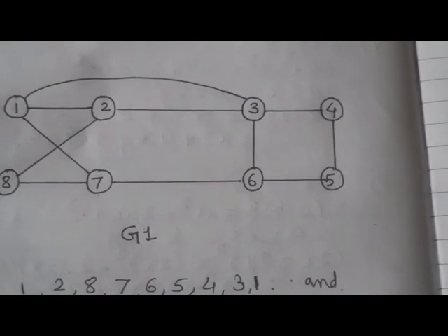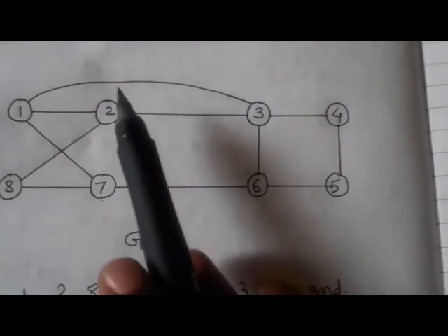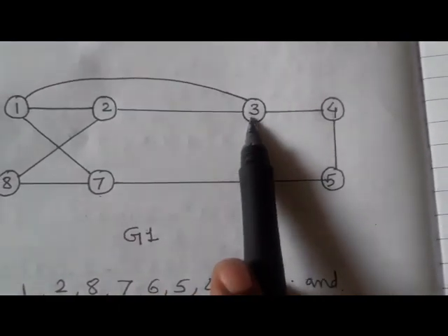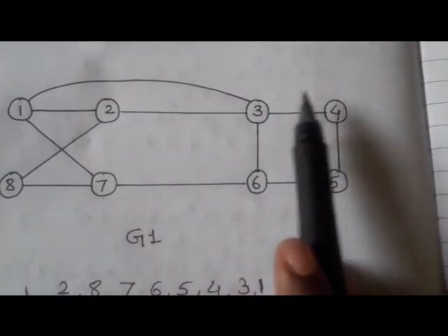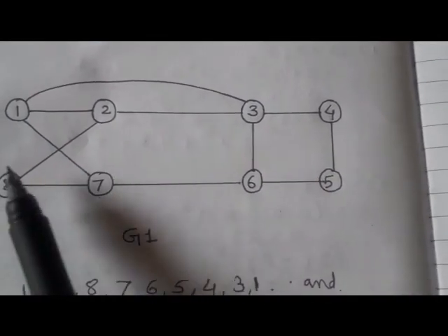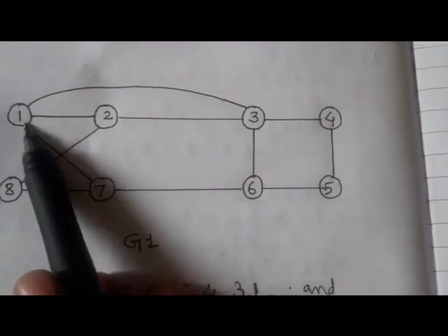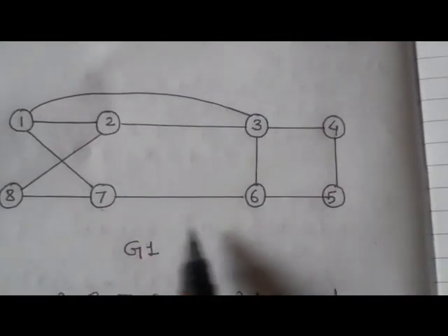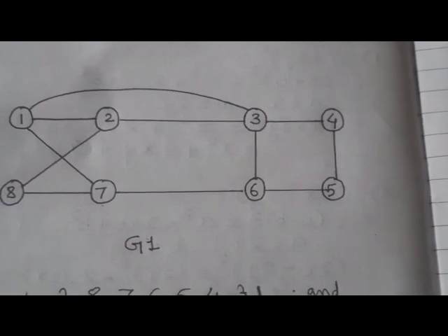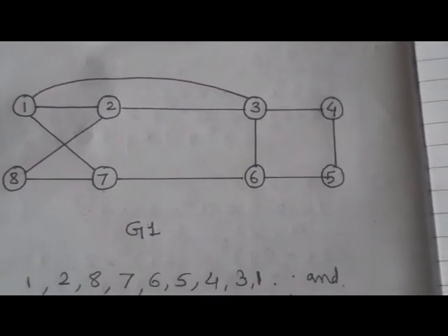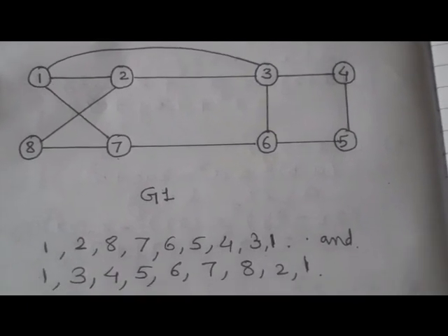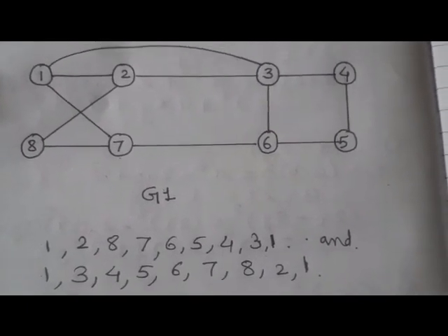Or we can have another Hamiltonian cycle: first we visit vertex 1, then vertex 3, then 4, 5, 6, 7, 8, 2 and 1. This is our second Hamiltonian cycle, in which we visited all the vertices and returned to the starting vertex.